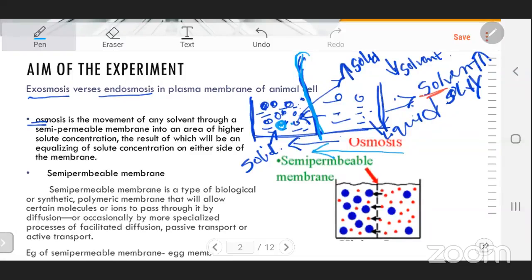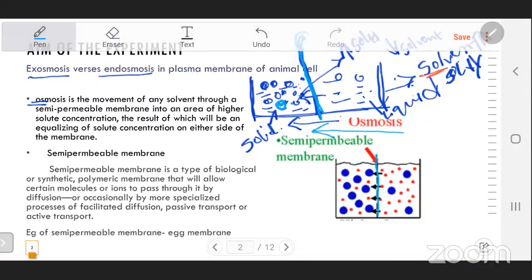So this semi-permeable membrane will allow only certain particles to pass through it. They will allow only the liquid part or the solvent part to pass through it.